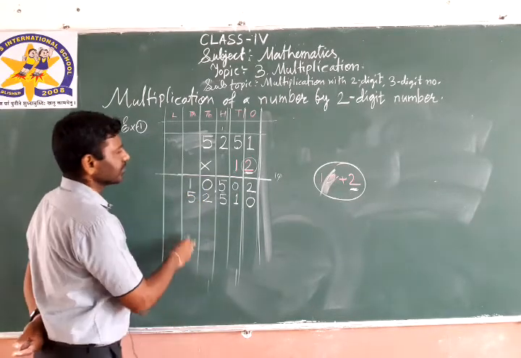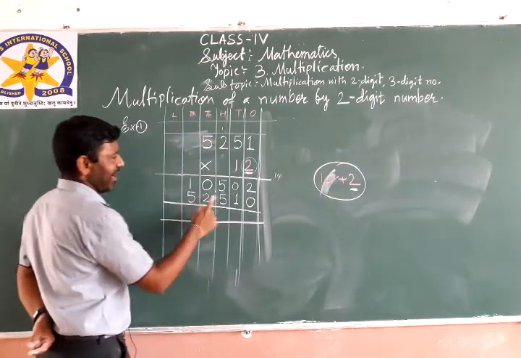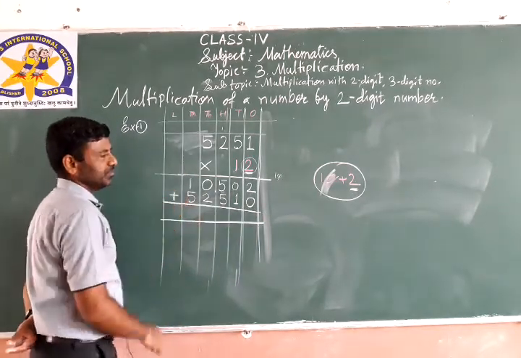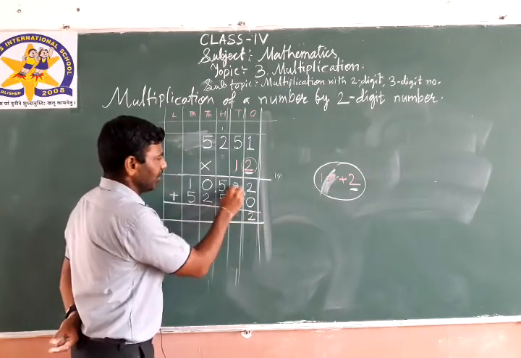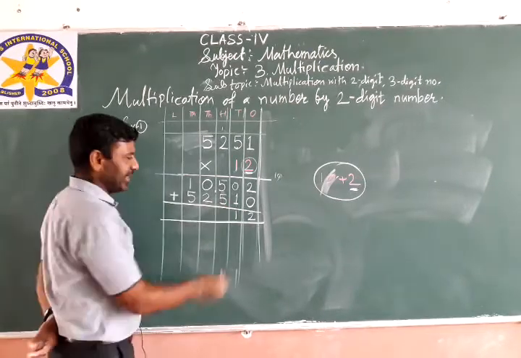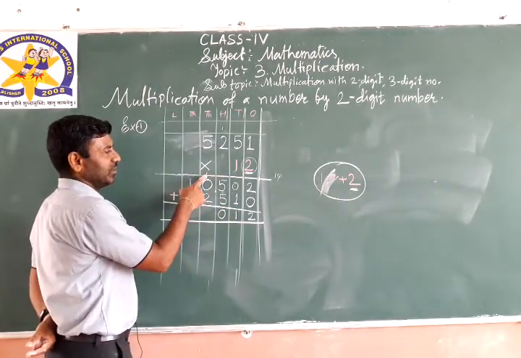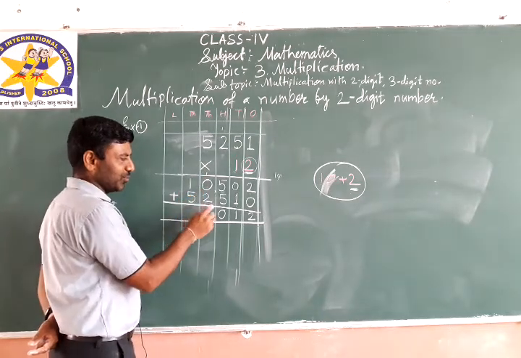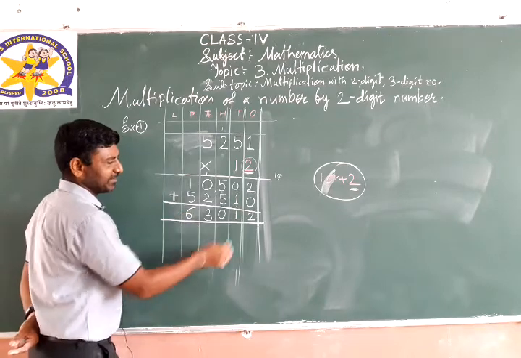Now add these two. 2 plus 0, 2. 1, 0 plus 1, 1. 5 plus 5, 10. 0, carry 1. 1 plus 0, 1 plus 2, 3. 1 plus 5, 6.